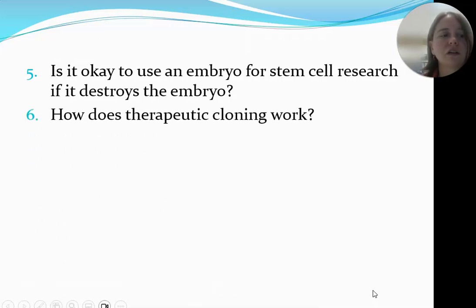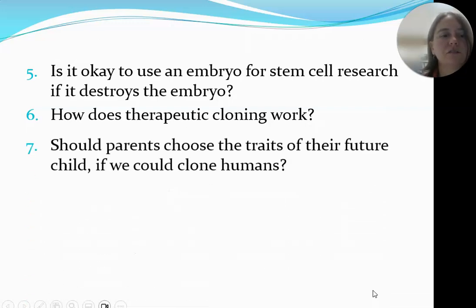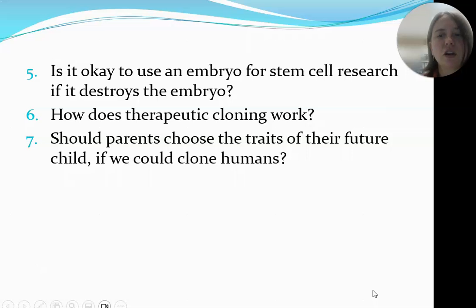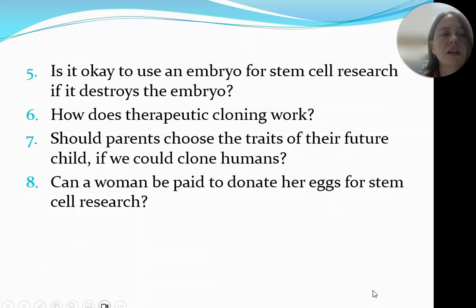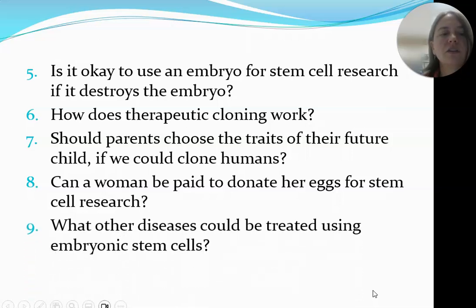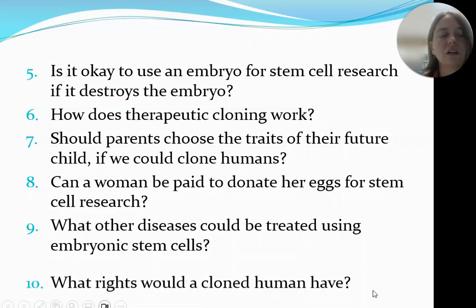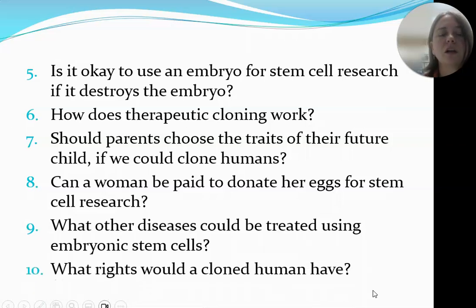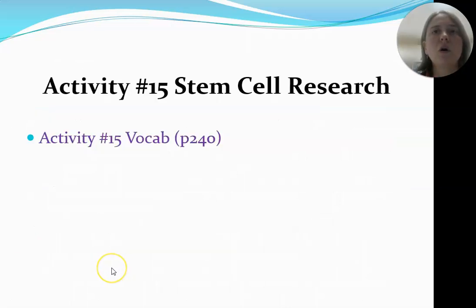Scientific or ethical? Number 6, how does therapeutic cloning work? Scientific or ethical? Number 7, should patients choose the traits of their future child if we can clone humans? Ethical, scientific? Number 8, can a woman be paid to donate her eggs for stem cell research? Ethical, scientific? Number 9, what other diseases could be treated using embryonic stem cells? Ethical, scientific? Number 10, what rights would a cloned human have? Ethical or scientific? We will go over the answers in class and correct them.